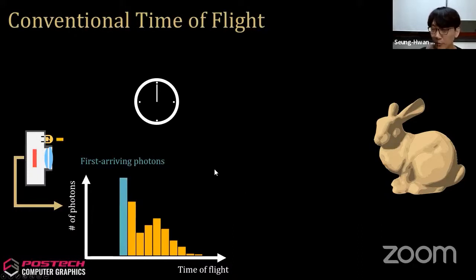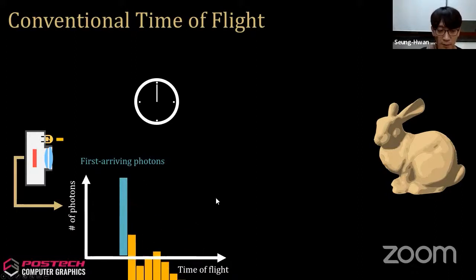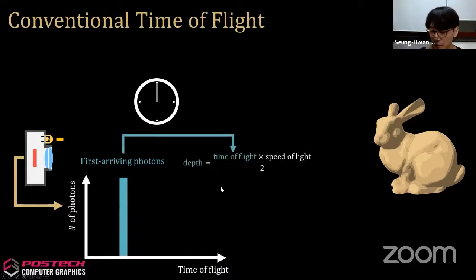What people have been doing so far is that even though they collect all of these photons, they care about the first arriving photons in order to estimate the scene depth information based on the previous formula, which is a valid way because the first arriving photons are likely to be related to the real depth information of the scene.